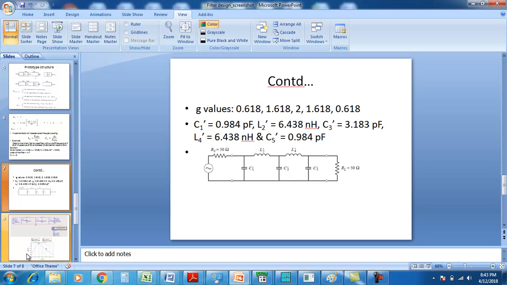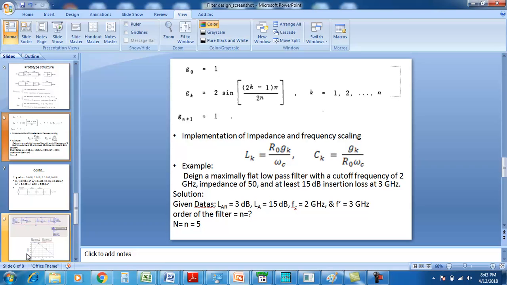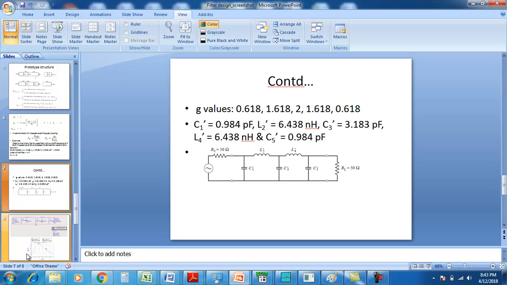Then we are introducing the Lk-Ck equations, that is, we denormalize the normalized parameters with respect to 2 GHz and 50 ohm. We are getting the original L and C values. That's why we are having picofarad and nanohenry values.